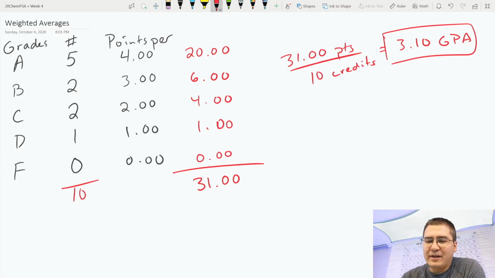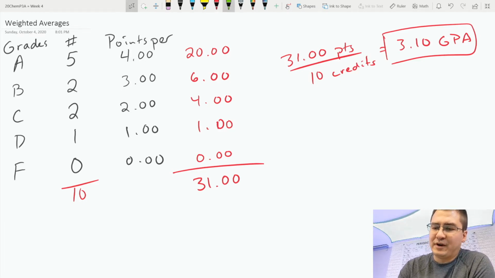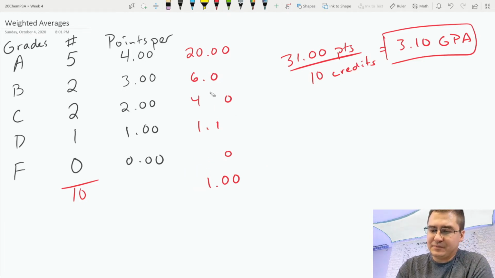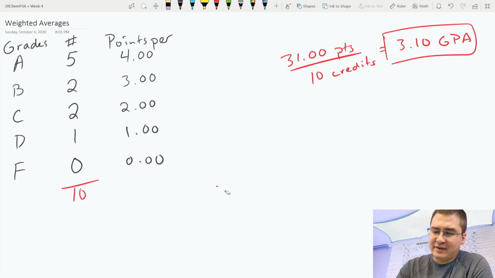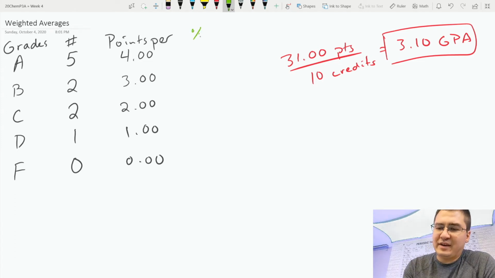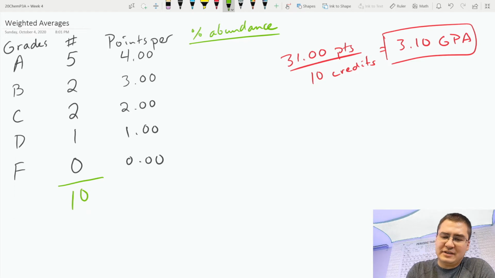Now, that's pretty much the same as how a chemist would do it, except they like to talk in terms of percent abundance. To calculate percent abundance, we still need to know the total number of classes you've taken, which is still 10. Out of the 10 classes, how many A's?